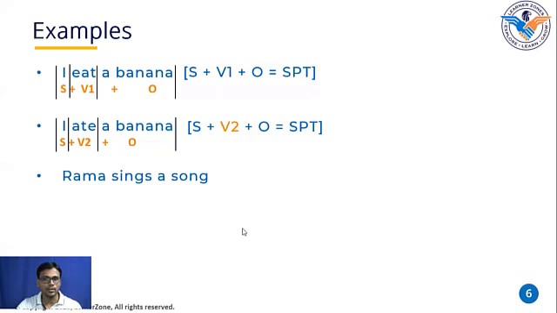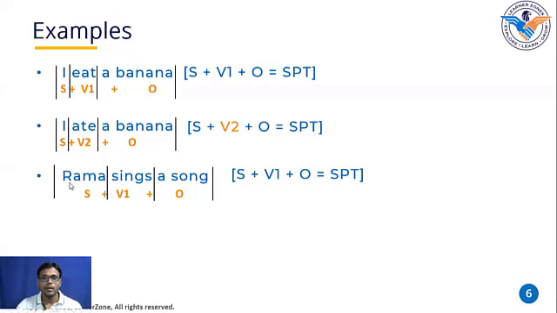Rama sings a song. Again, I'm breaking this sentence and we are looking at the sentence structure here. Rama is a subject. Sings is V1, first shape of the verb. Sing is the first shape of the verb.